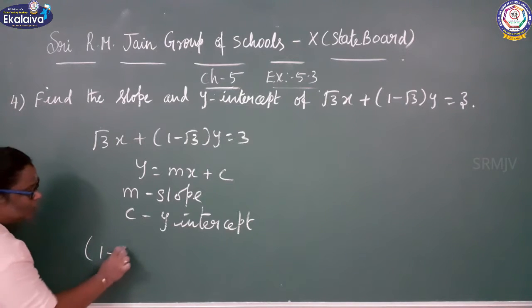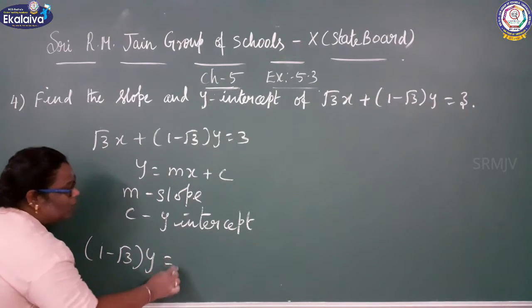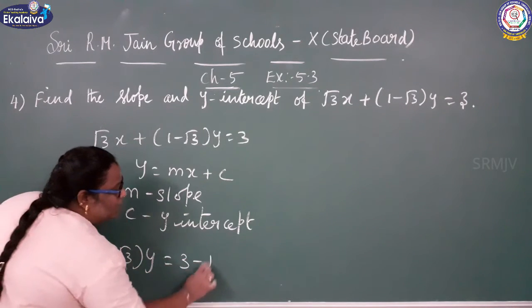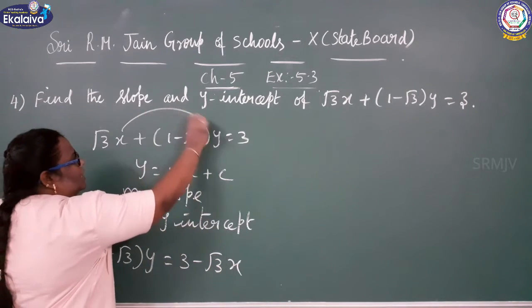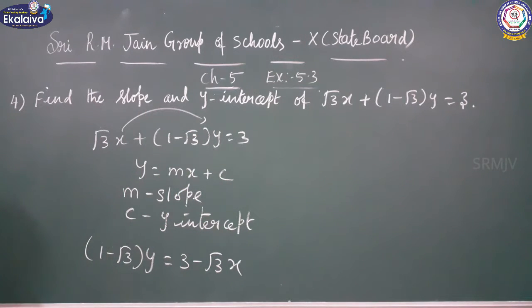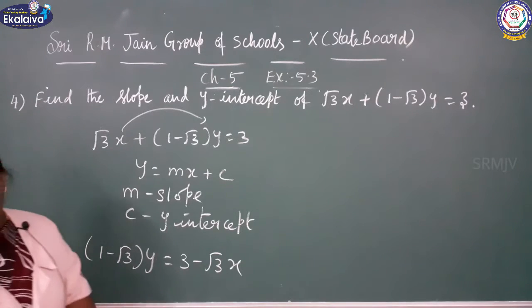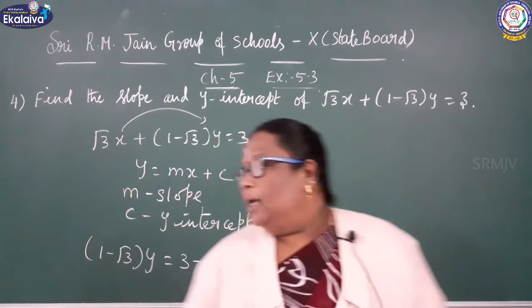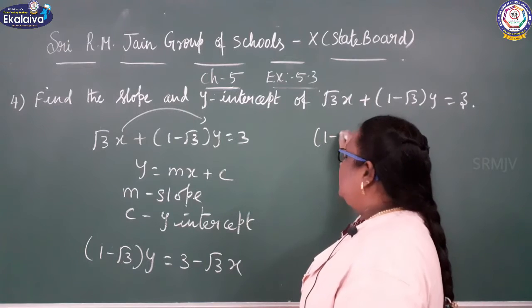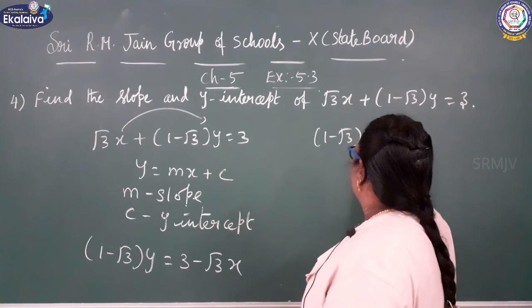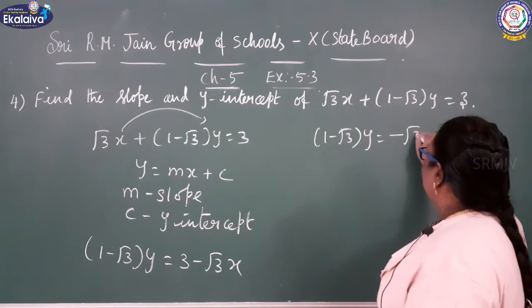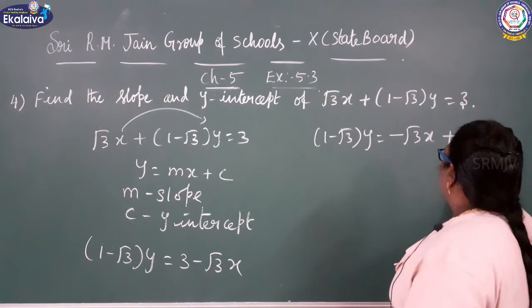1 minus root 3 y equal to 3 minus root 3 x. Y equal to mx plus c. So 1 minus root 3 y equal to minus root 3 x plus 3.